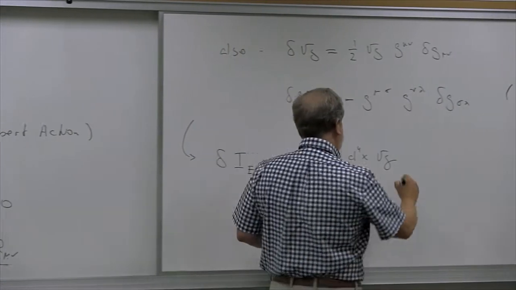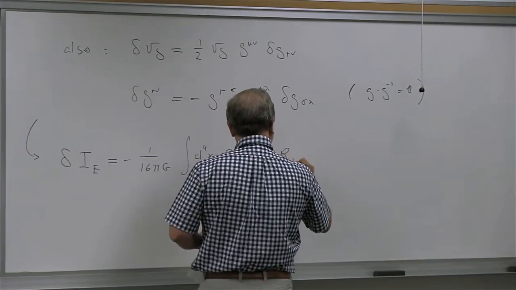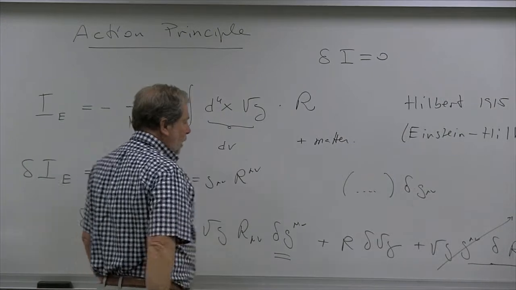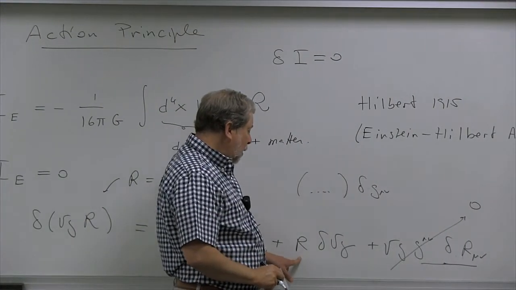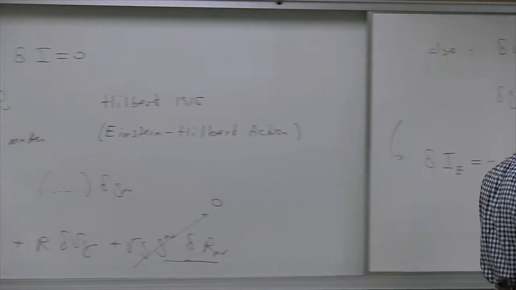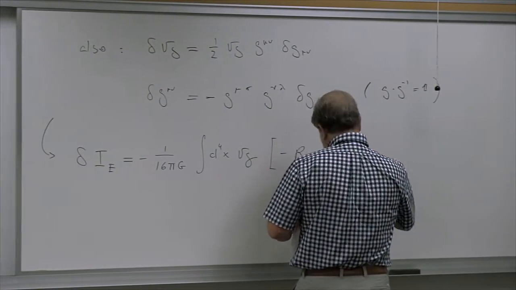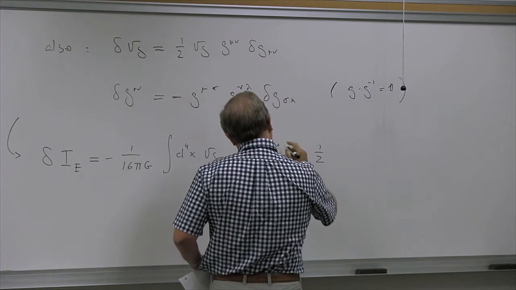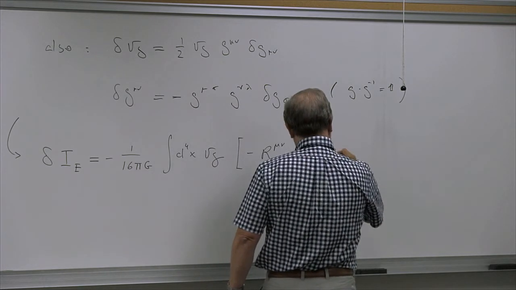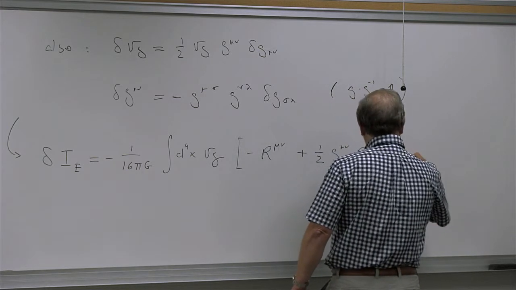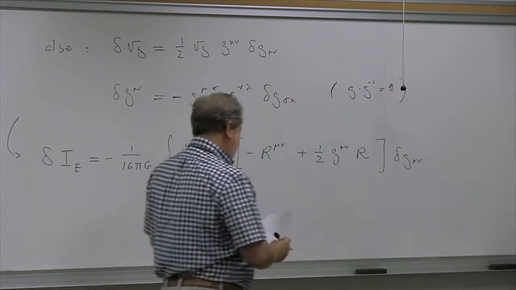And then we have the minus R mu nu, which is coming from this variation, which is the variation we need here. And then plus the R times the 1/2 because of the variation of root g, so plus 1/2 g mu nu R, and then times dg mu nu.